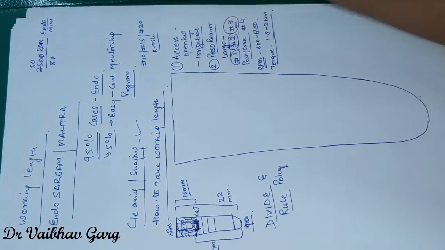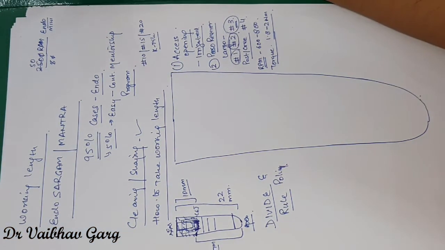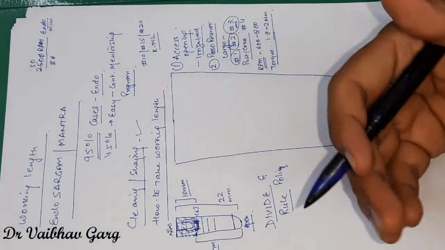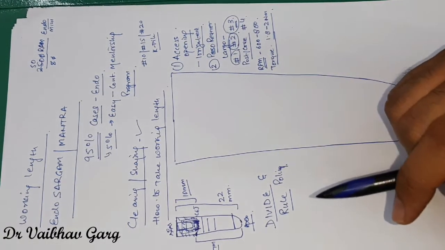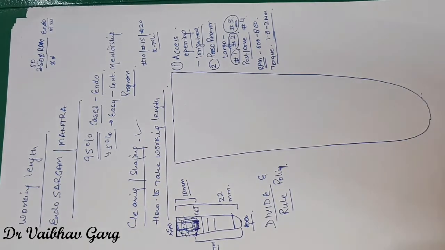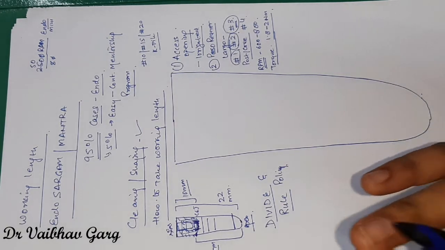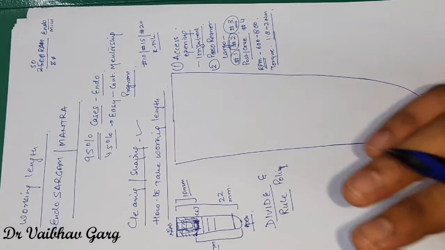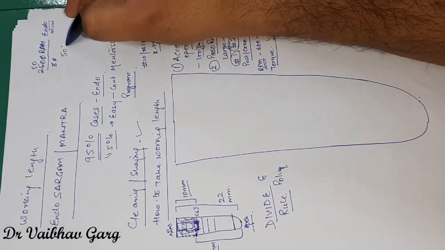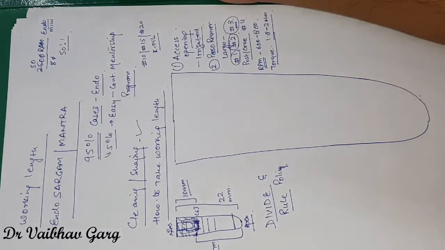This is the actual working of an Anthogyr handpiece. There is a long video that is coming up about the endo motors that we usually use in a dental practice, how to set the RPM, how to set their torque for different files. It is a totally different segment. Do not confuse yourself. 50:1 was the ratio of the handpiece that I just showed you.